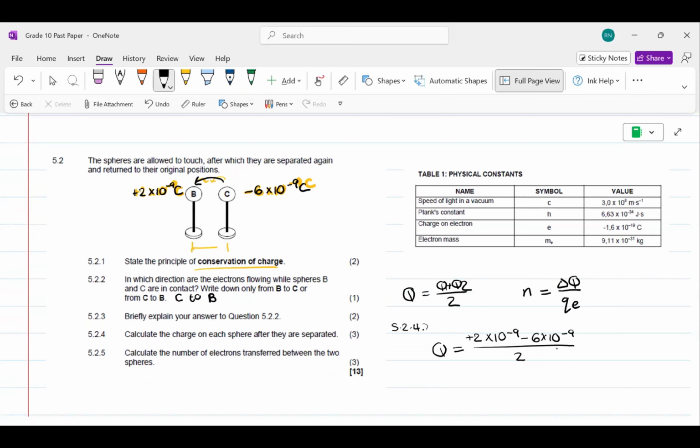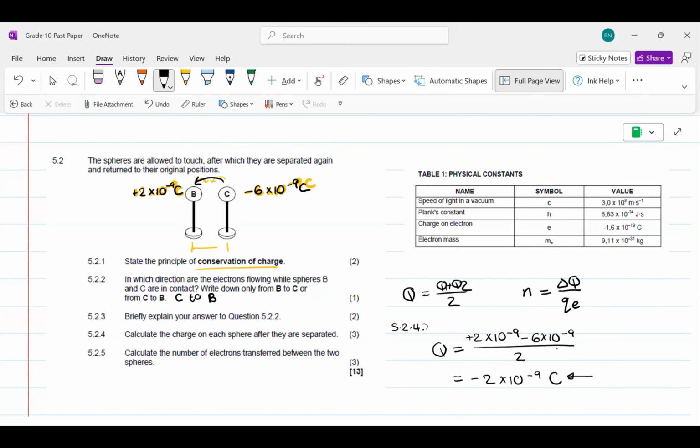And that should give you minus 2 times 10 to the power of minus 9 coulombs. Oh, that might have been difficult to write in the chat. But yeah, this is what you would get. Shout if you didn't get this, but this is what you should be getting.